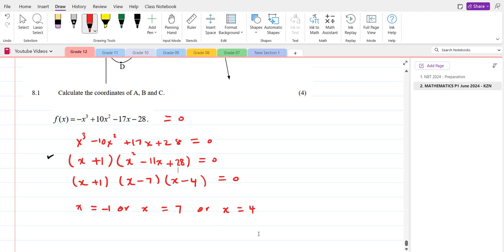Now if you don't have a calculator, we're going to put x and x squared. Alright, so now watch. We're going to put x and x squared, right? So x times x squared is x cubed. Now factors of 28, you're going to say 28 and 1. Now this is how you get the middle term.